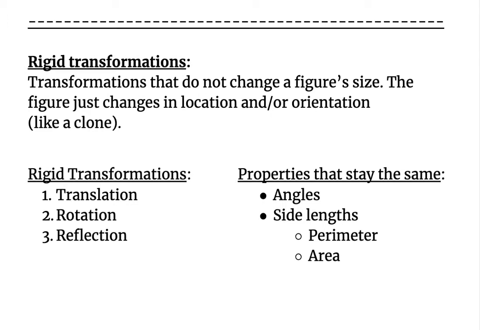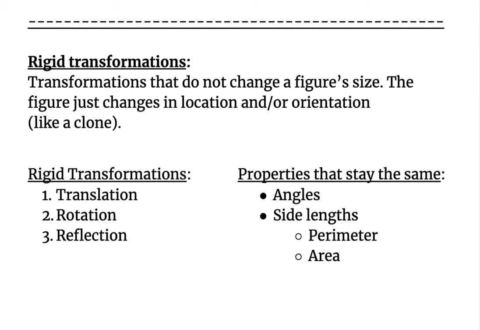So it's kind of like when you create an image, it's like you're just cloning it, but it's just somewhere else or it's just faced in a different direction. So think about rigid transformations as clones. They're called rigid transformations because you're just like shifting it to another location and twirling it around or something. It's a rigid change. You're not pulling it out and making it bigger or minimizing it to making it smaller.